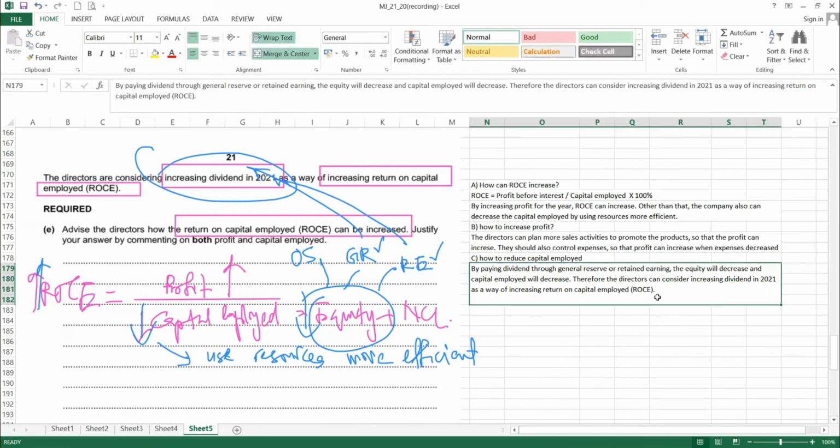Now let's move on. This question says advise the director how return on capital employed can be increased.